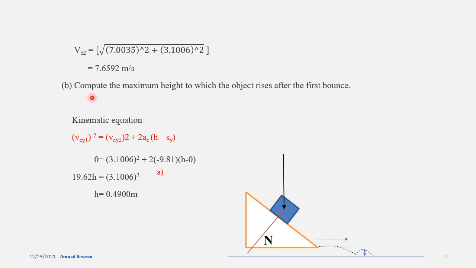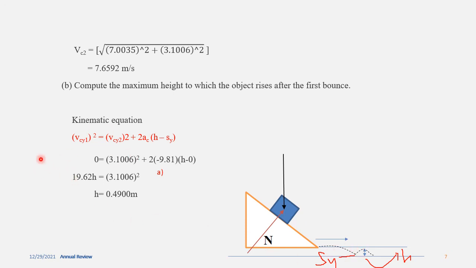Okay, continue to the second question for question 2. Compute the maximum height to which the object rises after the first bounce. The maximum height is right here. This one is h, and this one is sy is 0 from the origin.